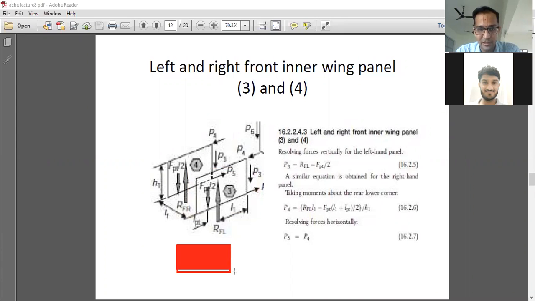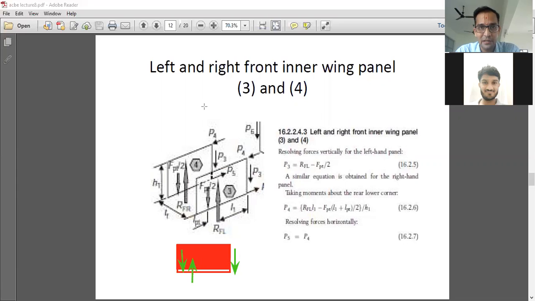So this is the P3 load. RFL works over here in upward direction, and FPT, that is front powertrain load, works over here.